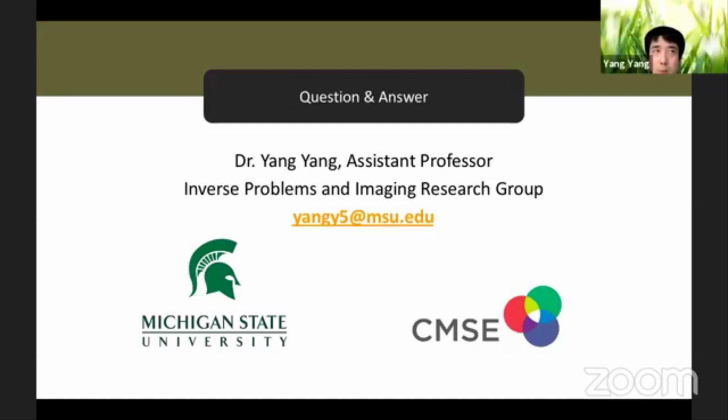Once we can improve the quality of the images, we can more precisely locate, for example, the disease, and we can better guide the doctors during their surgery. So there are a lot of advantages if you can have an image with improved quality.